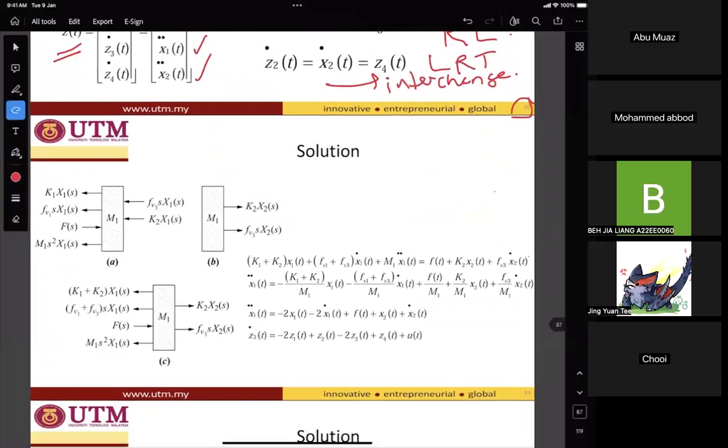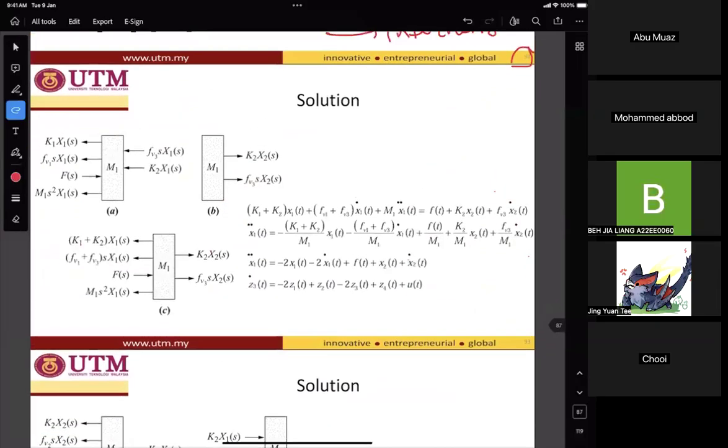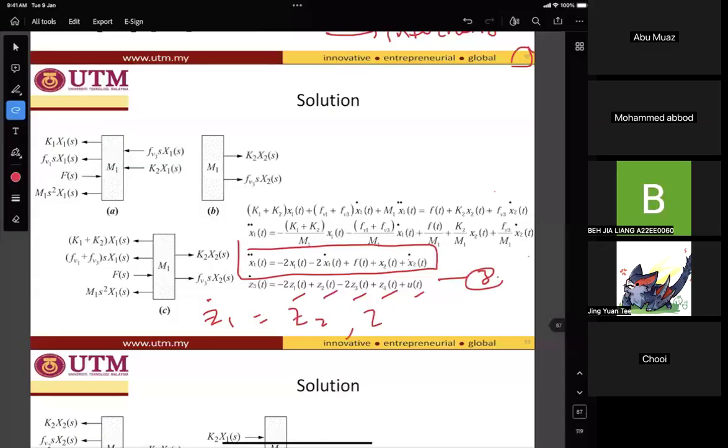So now is the solution where you combine everything to build up the x1 double dot, which is over here. This is the x1 double dot. And then you replace with the corresponding state variables, z1, z2, z3, z4, and the input. And this is equation number 3, because we already have z1 dot equal to z2, z2 dot equal to z4.